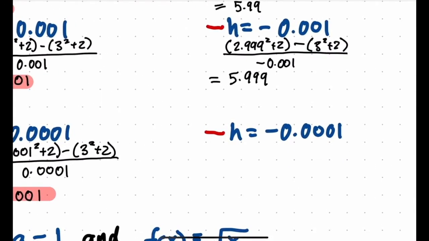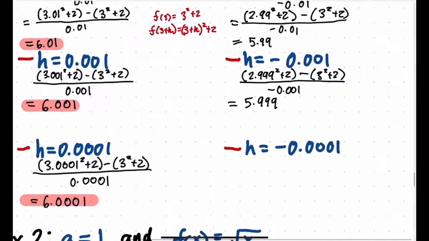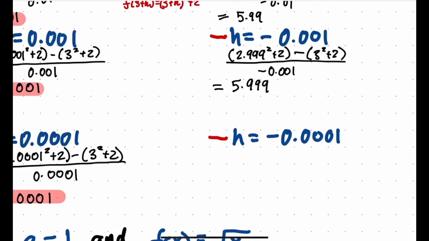And then the last one we have for this example is negative 0.0001.